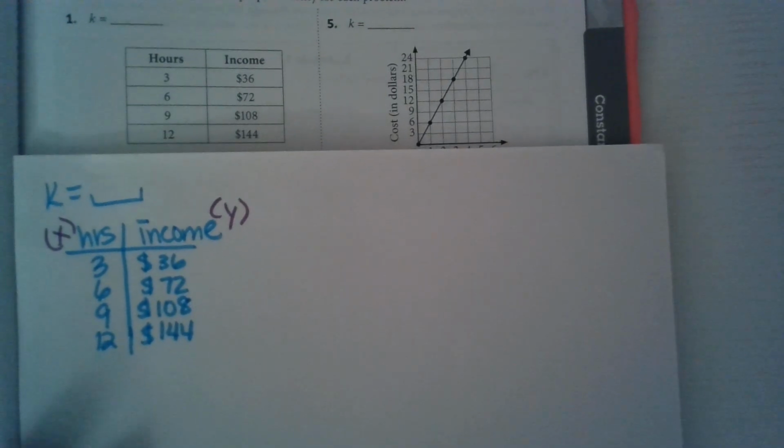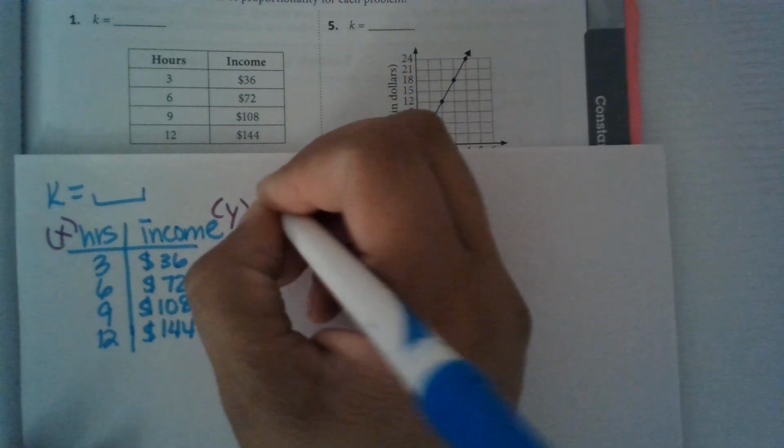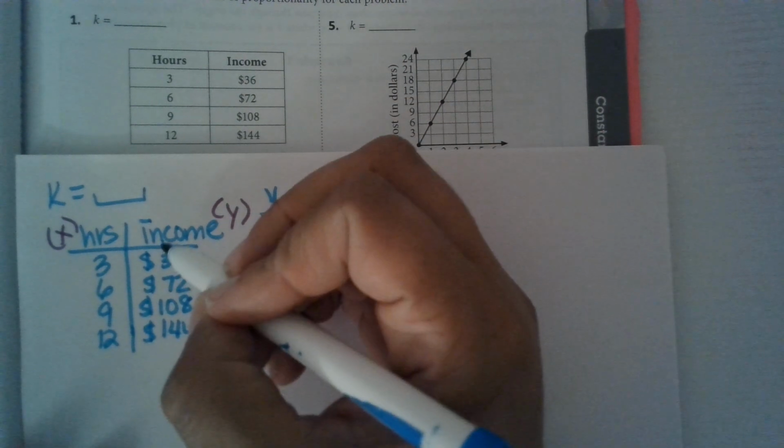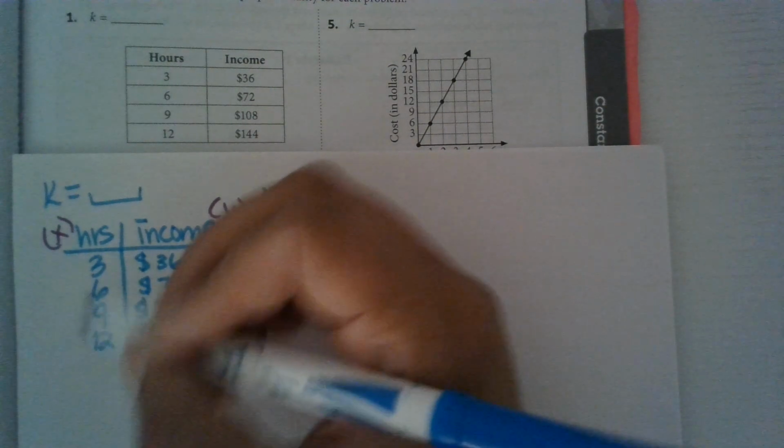So when I try to find the magic number, you have to remember Y over X. Meaning, all of the values here have to be divided by the values here.